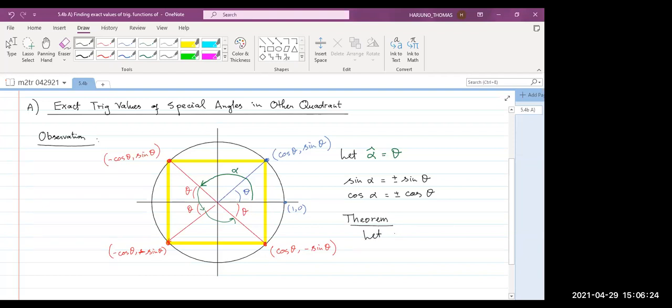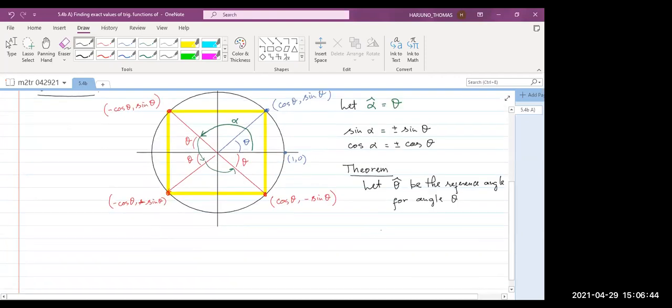Let theta hat be the reference angle for angle theta, then f of theta equals plus or minus f of theta hat for all trig functions f.